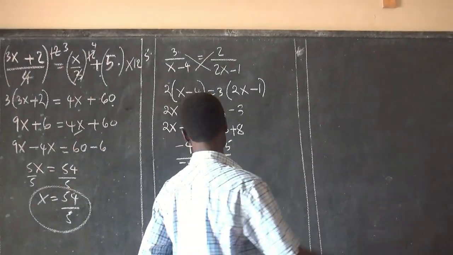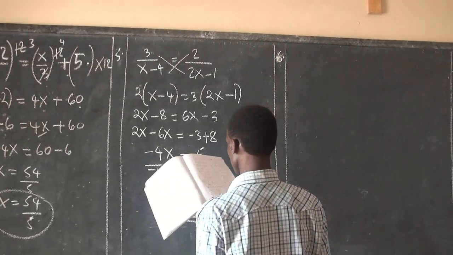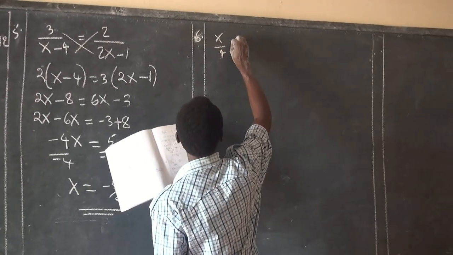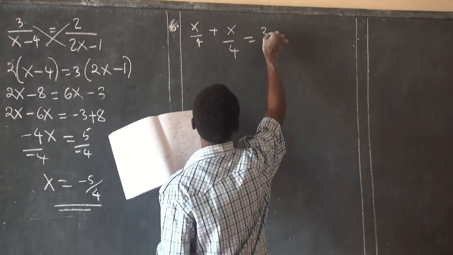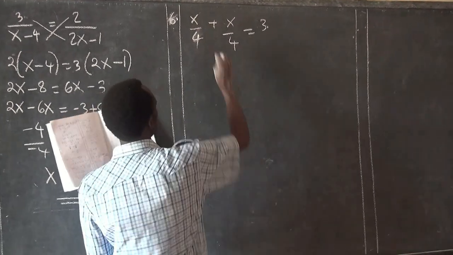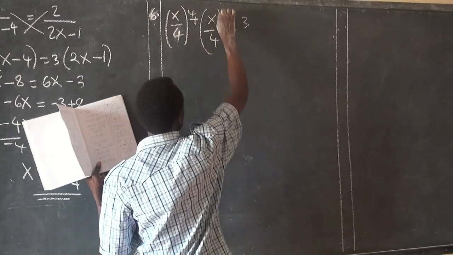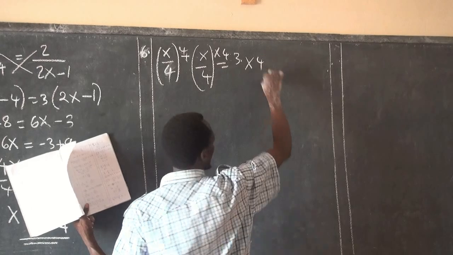Are you together? Now, question number 6. We have x over 4 plus x over 4 is equal to 3. The LCM of 4 and 4 is 4. Is it so? Yes. Now we multiply here by 4, here by 4, and here by 4.